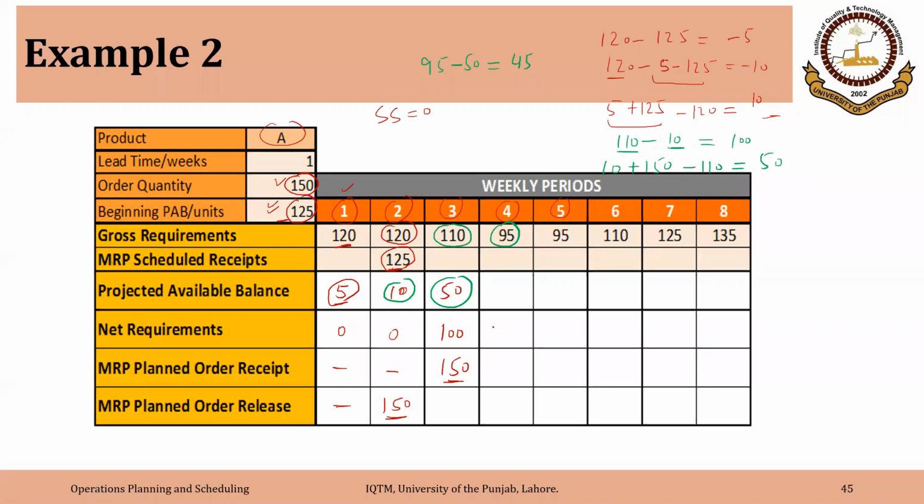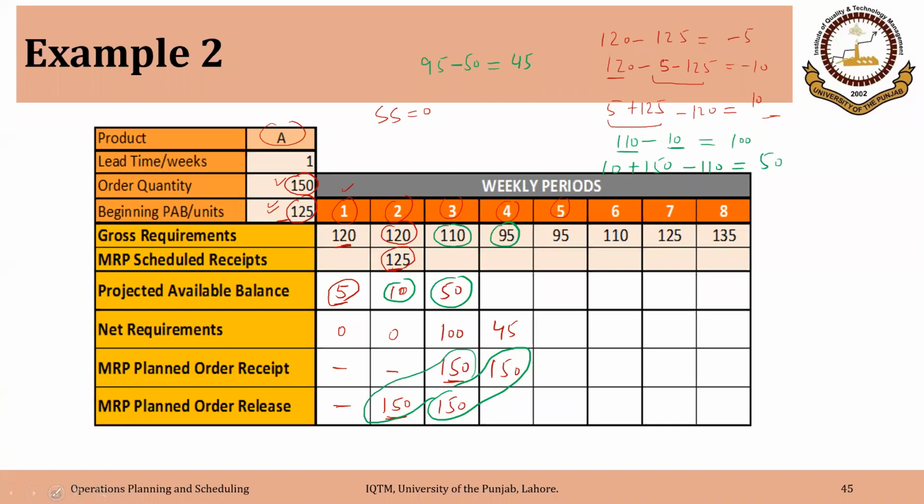So we need to receive 150 here. So the order should be placed 1 week earlier. So the order is placed in week 3 so that we can receive these 150 in week 4.